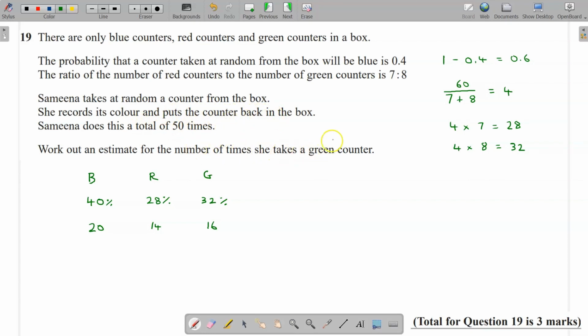An estimate for the number of times she'll get a green would simply be 16, because you'd expect 16 greens, 14 reds and 20 blues if you did it 50 times. So the answer is 16 green. And that is the end of that question.